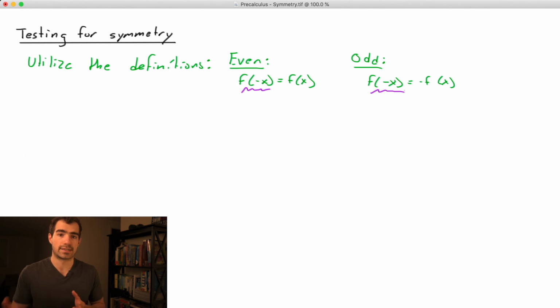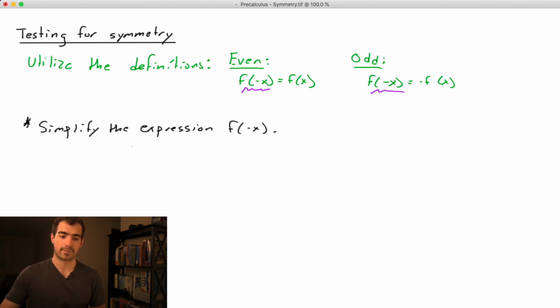So if we want to test for whether it's even, odd, or neither, we can evaluate or simplify the expression for f(-x) and see, does it equal f(x)? Does it equal -f(x), or maybe neither? And so what we'll need to do is simplify the expression f(-x) and ask, is it equal to f(x)? If so, that means it's even.